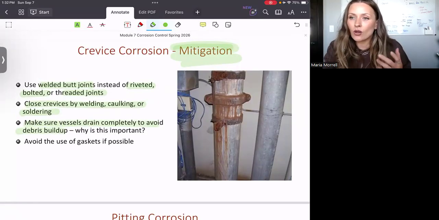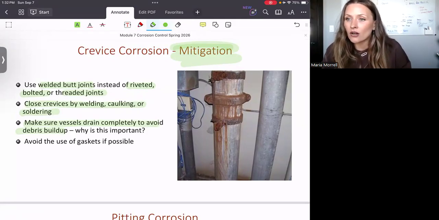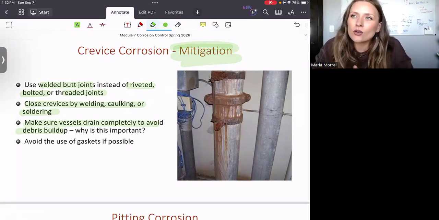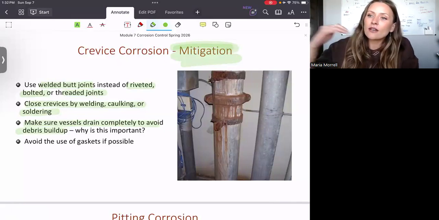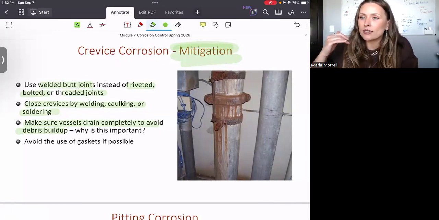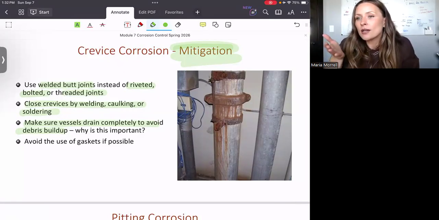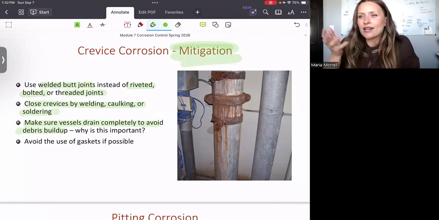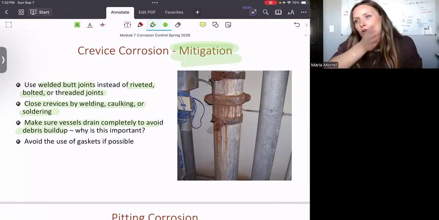Why is this important? Well, just as I gave you an example with the car, if you inspect your car and start looking, okay, where do I see the corrosion kicking in on my vehicle? You will notice that this is usually in the areas behind the wheel, because of the centrifugal force, a lot of rocks, debris, dirt gets thrown onto that space.